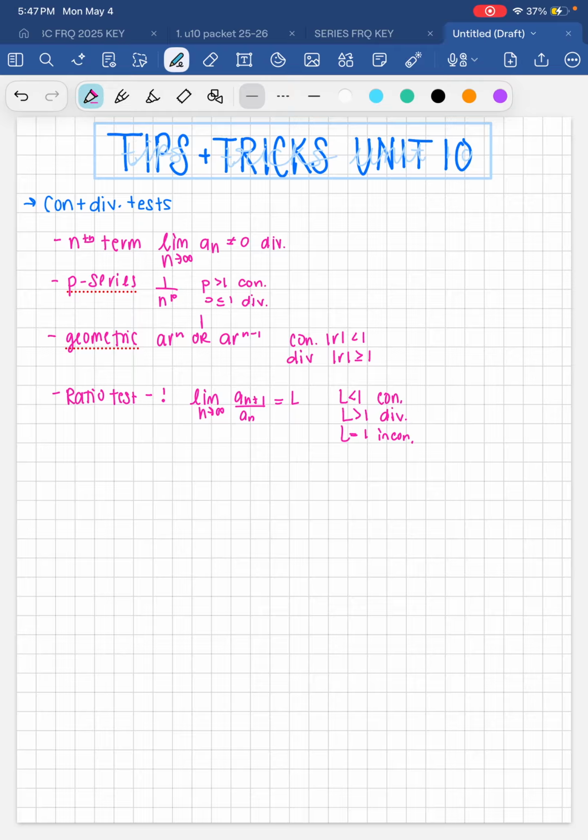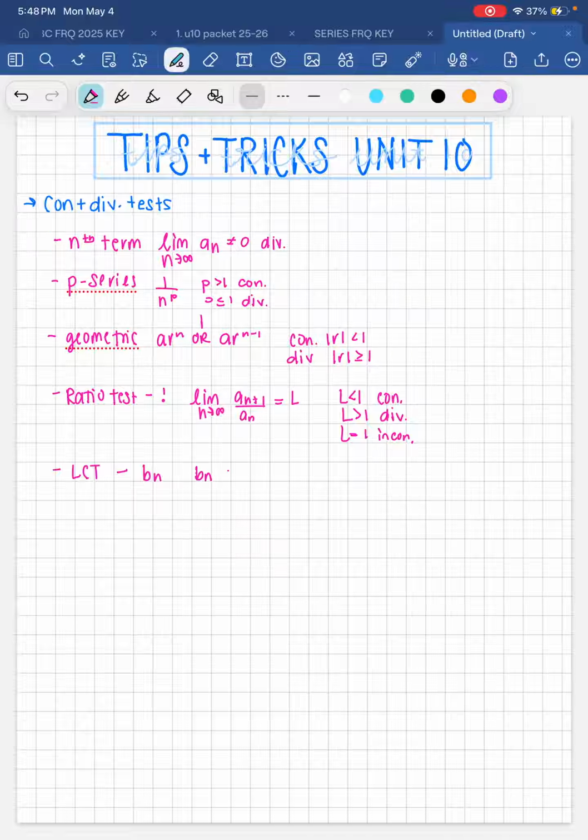Then I love the LCT, the limit comparison test. That's when you choose some b sub n to compare to the original series. To choose b sub n, you choose the dominating term in the top and the bottom, and you determine what b sub n does.